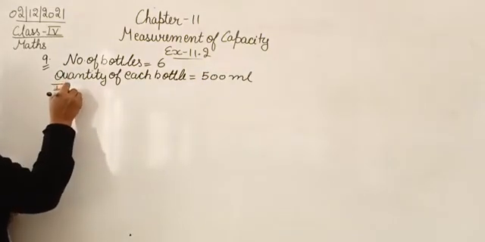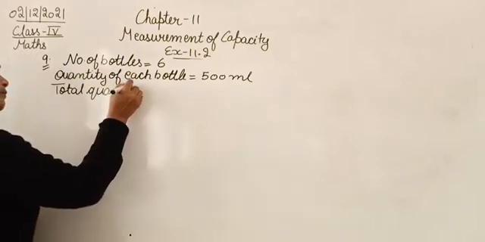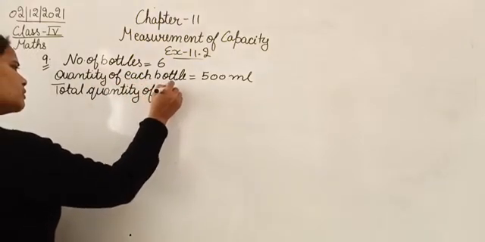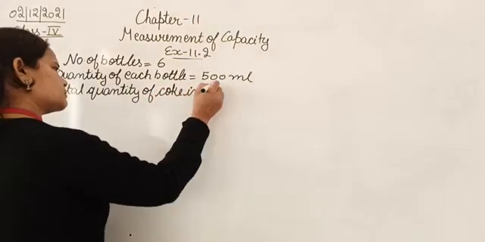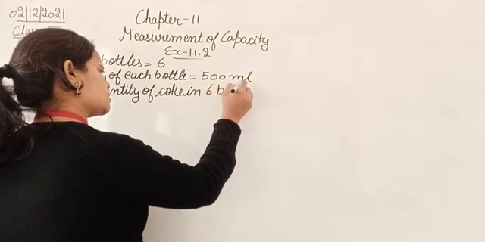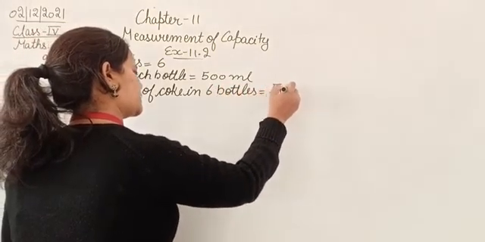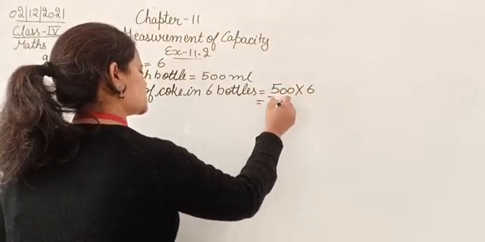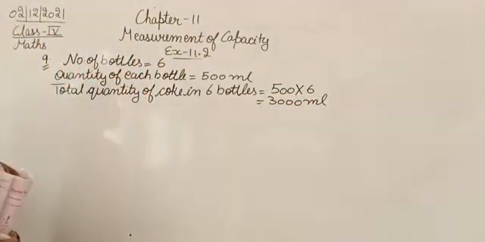Total quantity of Coke in 6 bottles is 500 ml into 6. 6 fives are 30. This is 3000 ml. The total quantity of Coke in 6 bottles is 3000 ml.